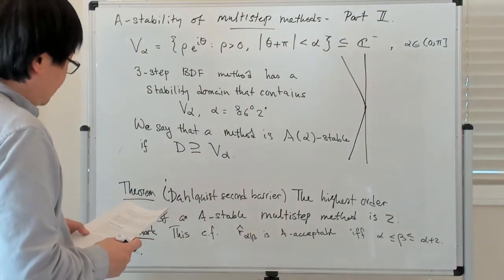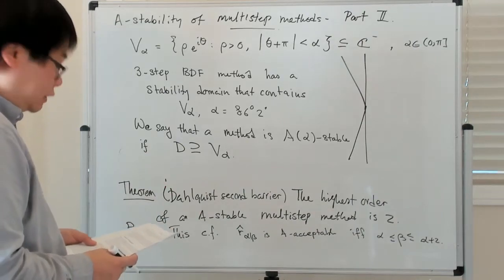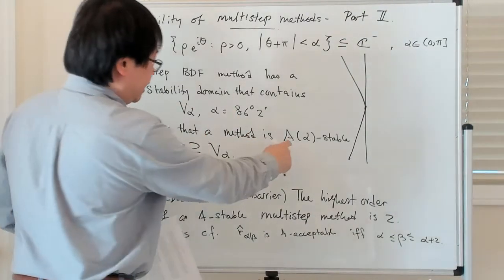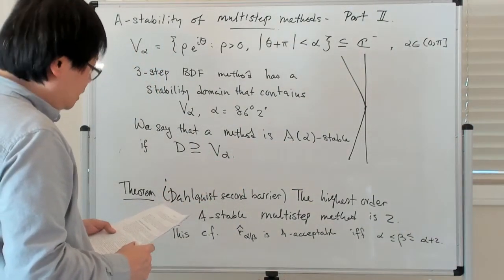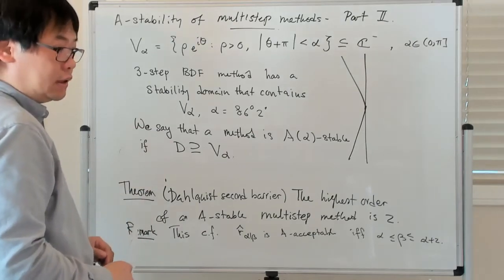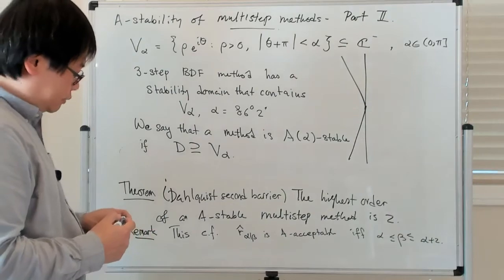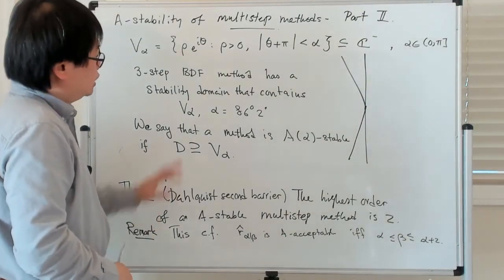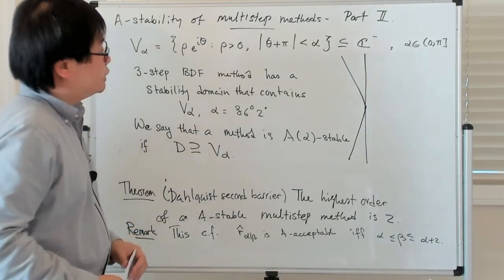Okay, and all the BDF methods which are relevant, which of course are the convergent ones, are not A-stable, but they're A(alpha)-stable for some choice of alpha. So that's still useful for a certain class of problems, not for all possible problems, but it is a useful application of these BDF methods. So I'll stop here.